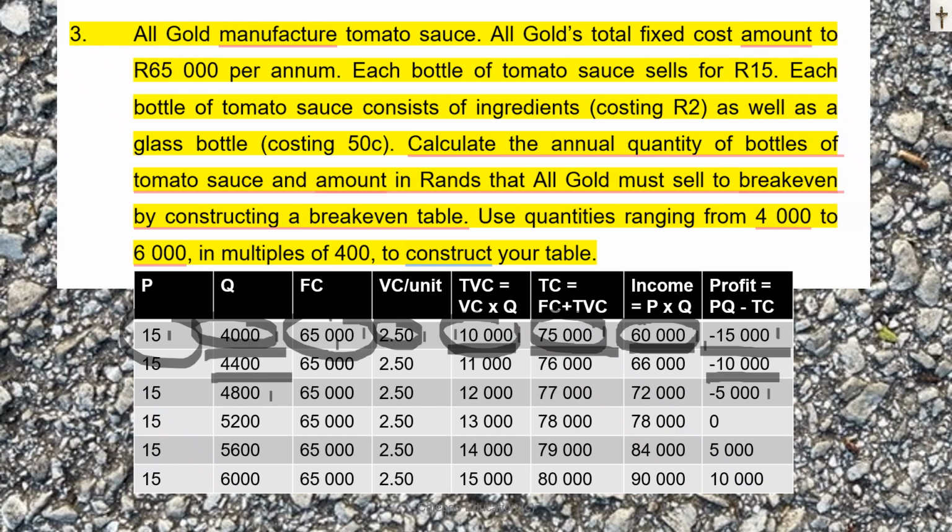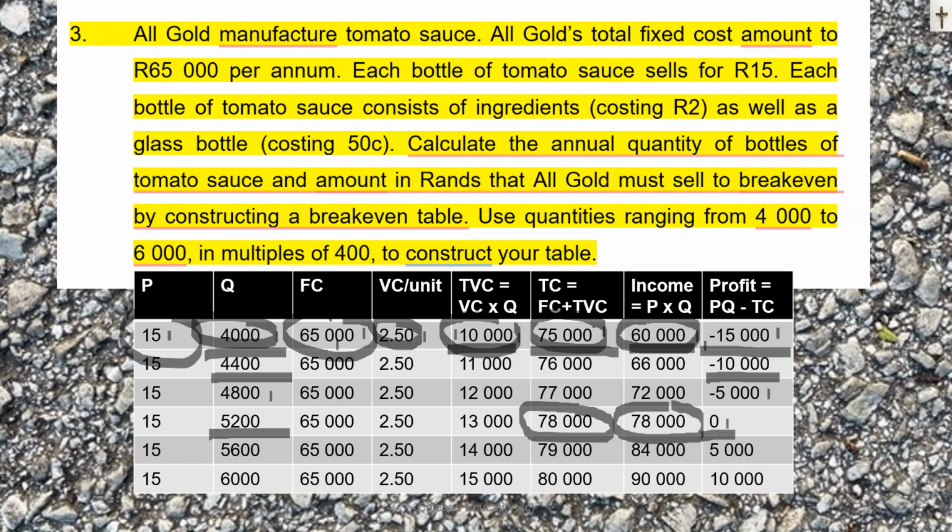And then at a quantity of 5,200 units that are sold, we have got no profit or no loss, because total cost is equal to total sales income, and that is the break-even point.